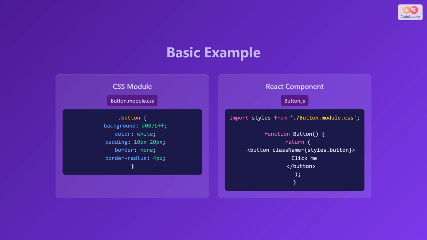In button.js, we import the CSS module using the statement import styles from './button.module.css'. Inside the button component, we assign the class name to the button element using className equals styles.button. This tells React to use the CSS class defined in the CSS module for this button.